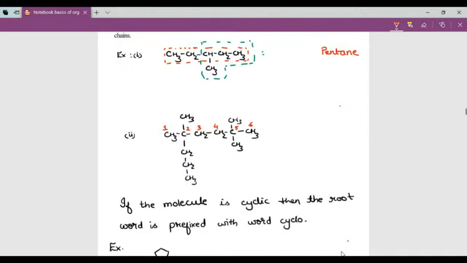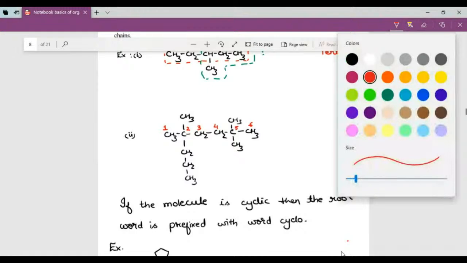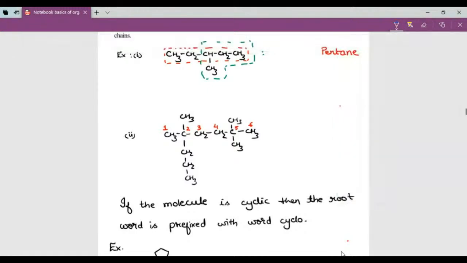That is my one choice. Other possibility could be, let us change the color, 1, 2, 3, 4, 5, 6, 7, 8. So I think there are two possibilities. Either I have to go for hexane or I have to go for octane. And certainly this is going to be a derivative of octane. The blue one will be taken as a parent chain.